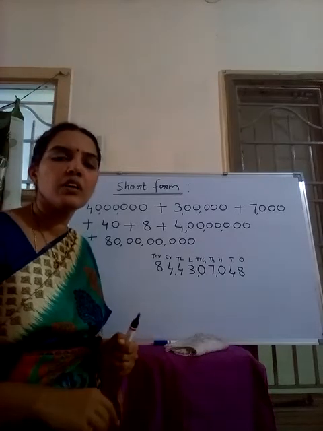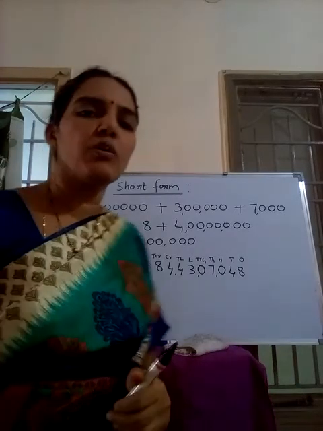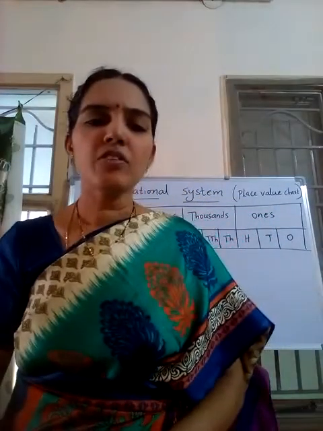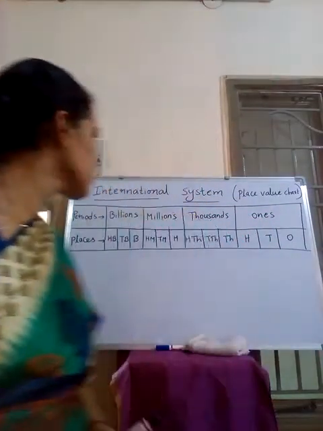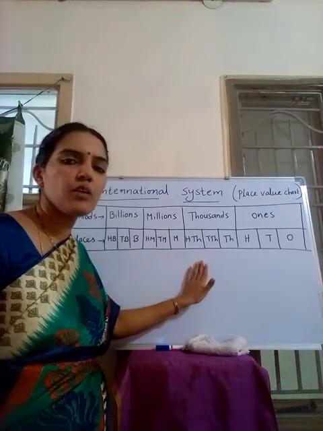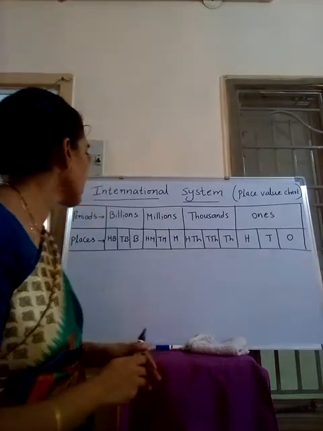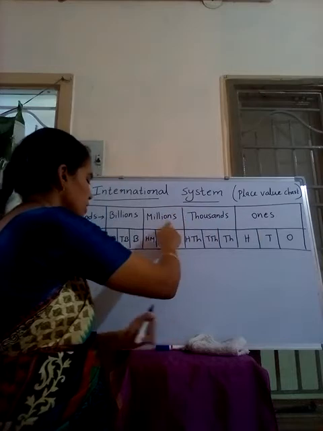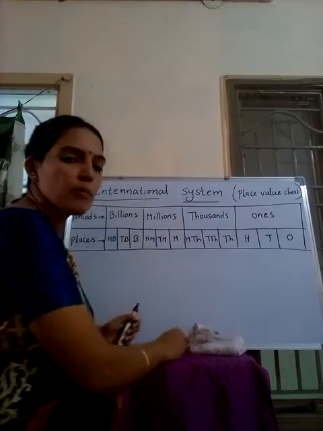Now we will see the international system of numeration. How we write the number names using the international system. Okay, in the international system of numeration, this is the place value chart we have. In this system, we have 4 periods, that is ones period, thousands period, millions period and billions period.